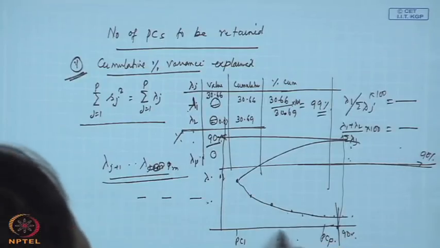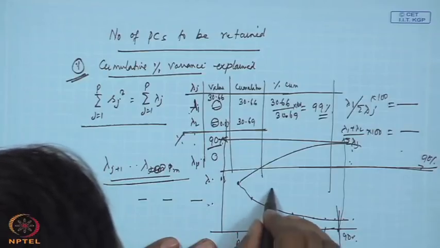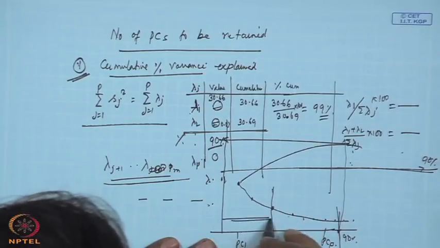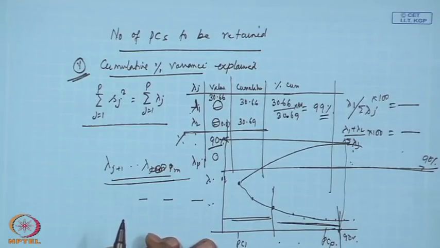But see, from the contribution point of view, from here up to here it is okay, there is difference, but all those values are not significantly different. There is minuscule contribution, still they are there.